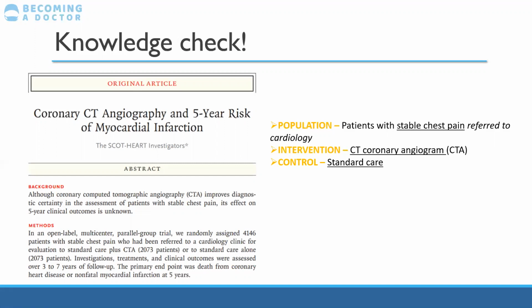This abstract doesn't actually mention what standard care is, but you're comparing this population of standard care plus CTA, consisting of 2,073 patients, to standard care alone.